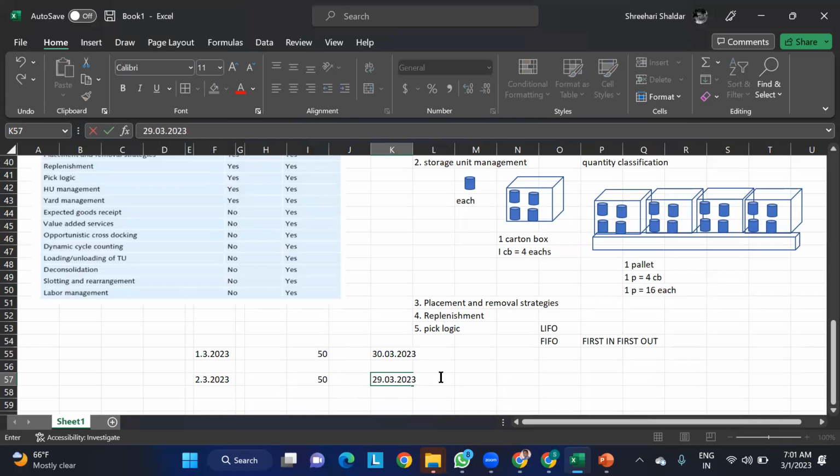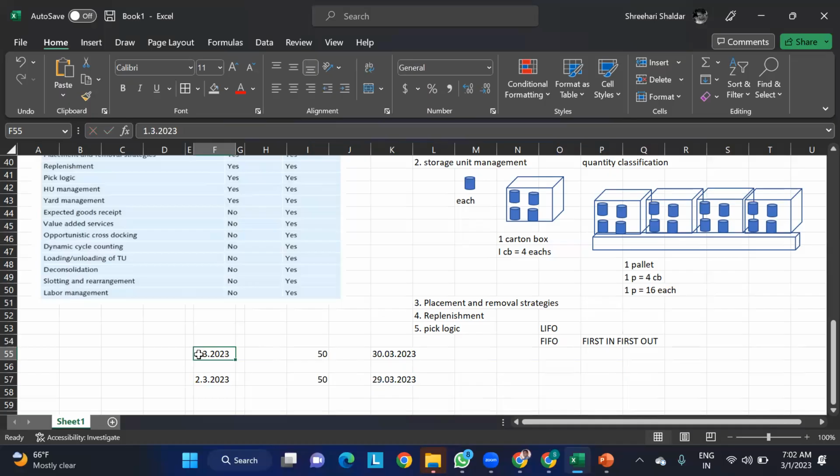It is not mandatory that the materials we receive first have the later expiry date. The goods may come with different expiries. So FIFO, first in, first out, means whatever material we take first has to move out first.